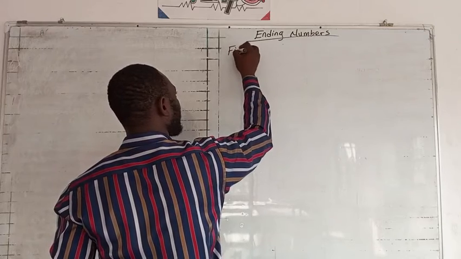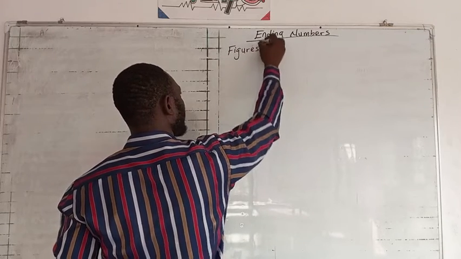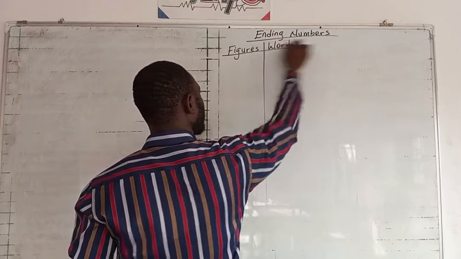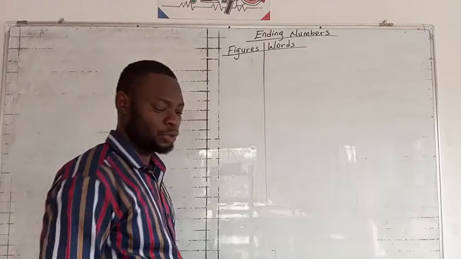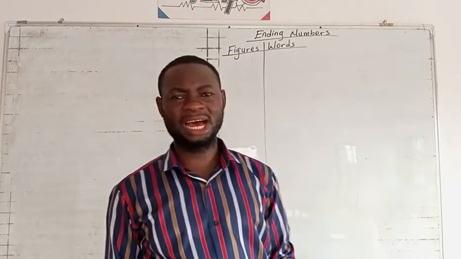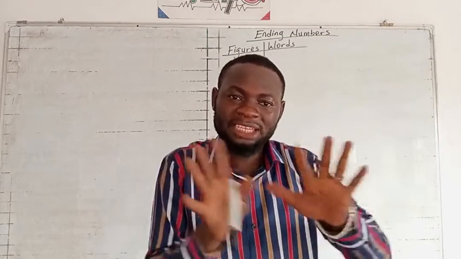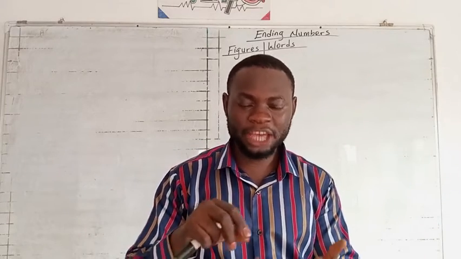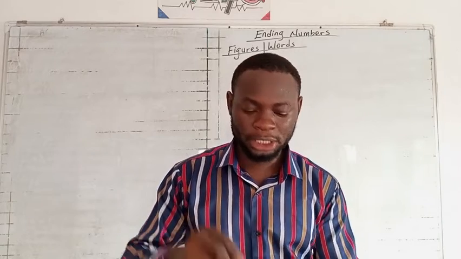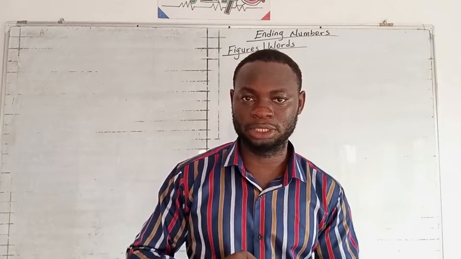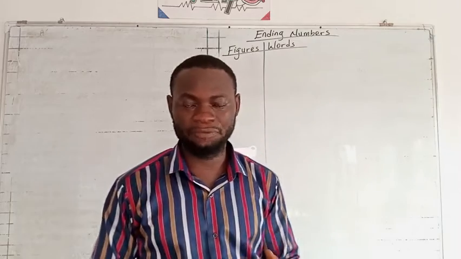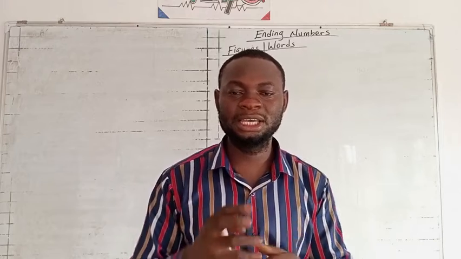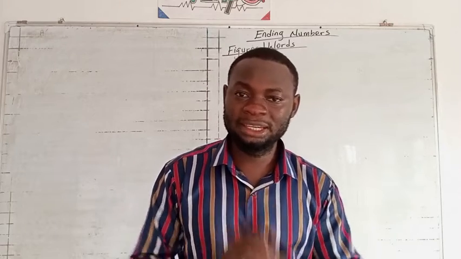Figures and words. These ending numbers are segmented, meaning that they are divided in parts. There are ending numbers for tens, for hundreds, and for thousands. In tens, the ending numbers are 20, 30, 40, 50, 60, 70, 80, and 90.